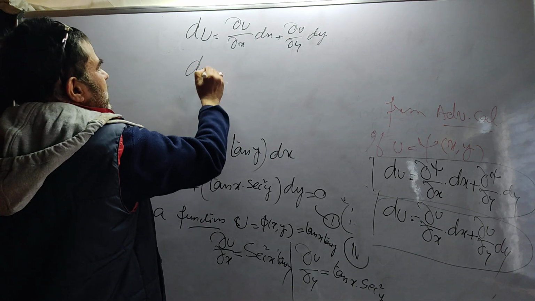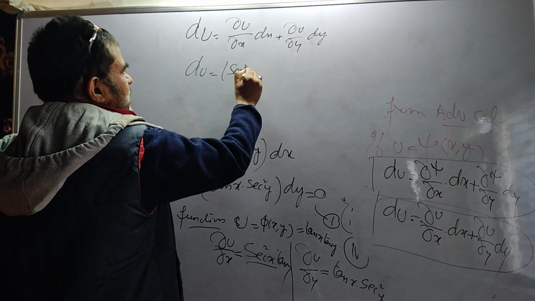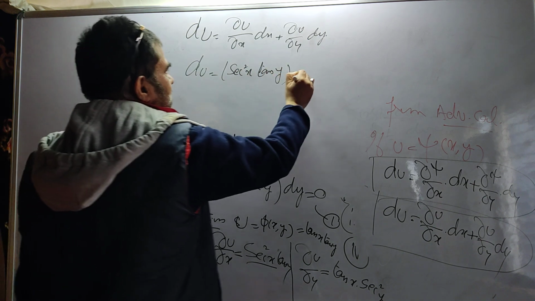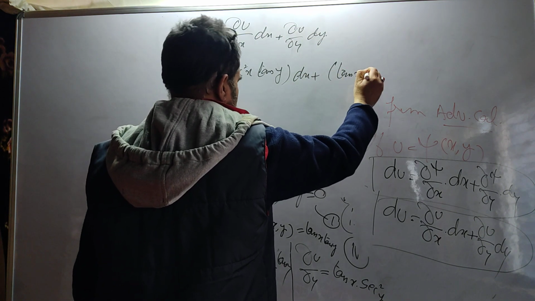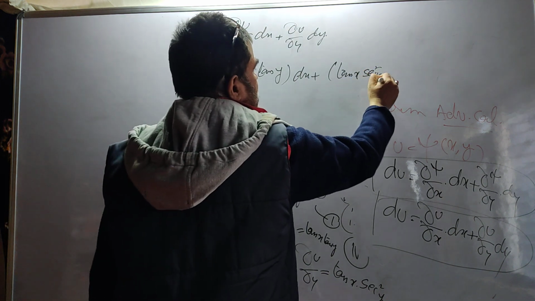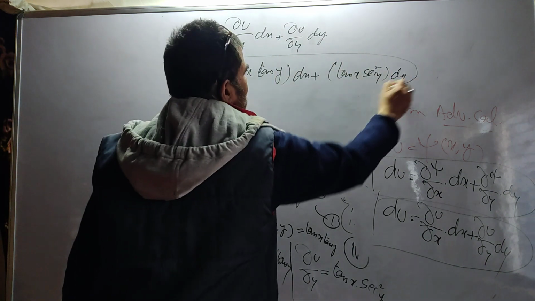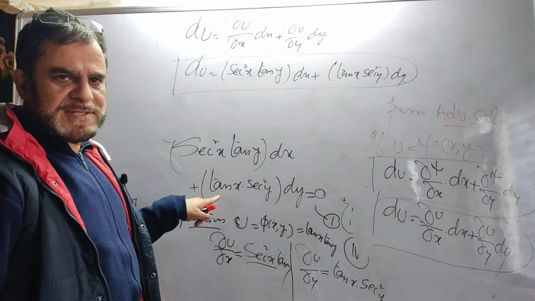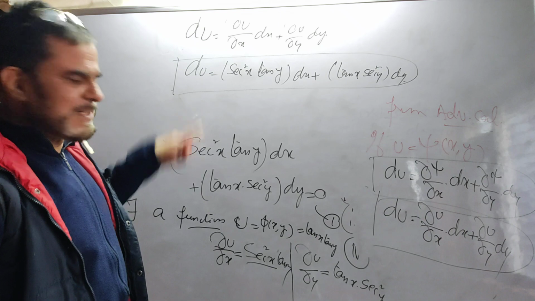That is, du is sec square x tan y dx + tan x sec square y dy. So what you have got? You could write this differential equation that you took first. It is the total differential, or we say exact differential, of what?